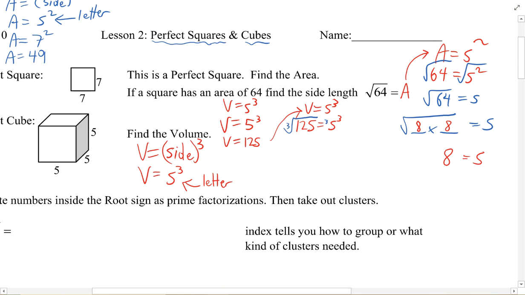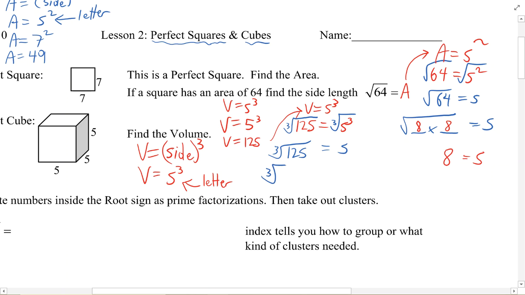Of course, you'd have to do that to both sides. So you cube root the left side, and to undo the cube on the right side, you'd have to cube root. And so you would get simply S equals cube root of 125.